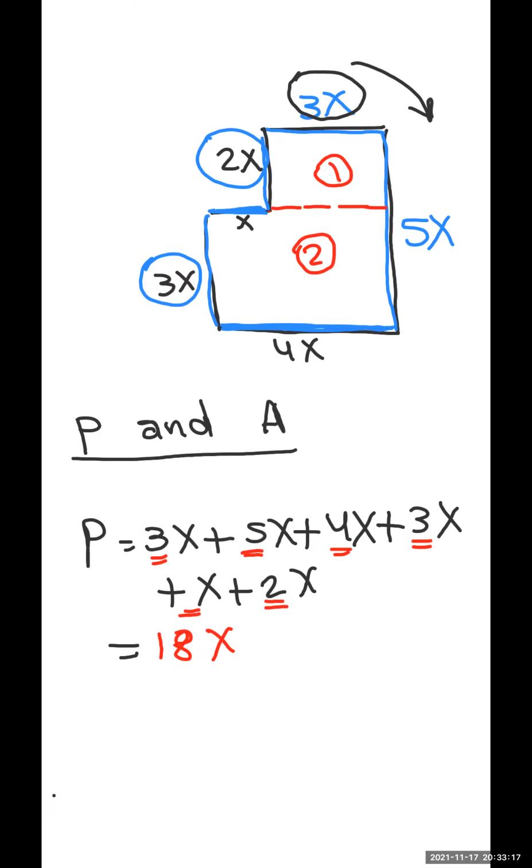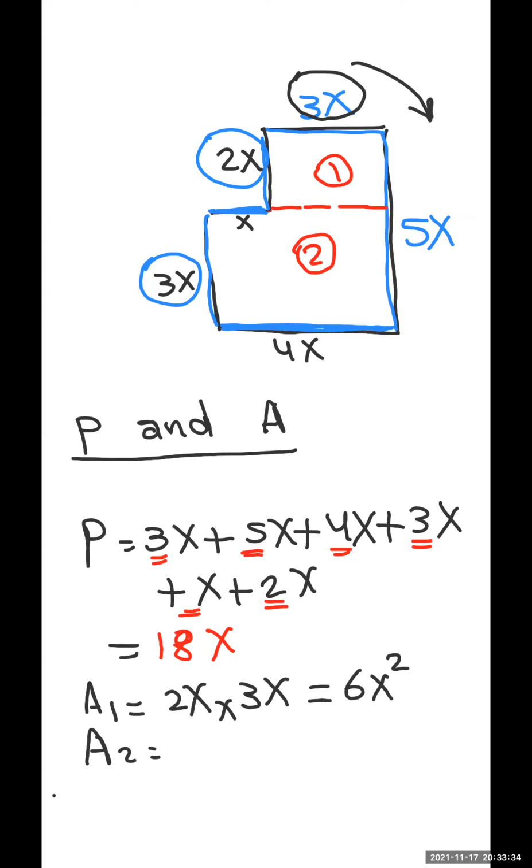So from the figure, area 1 will equal 2x times 3x. This means 6x squared. Then get area 2. Area 2 will equal, the two dimensions are 3x and 4x.